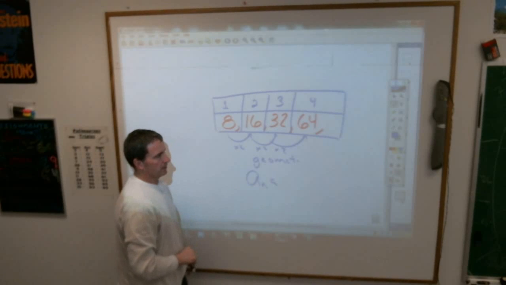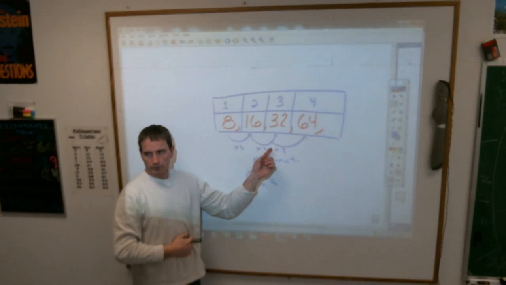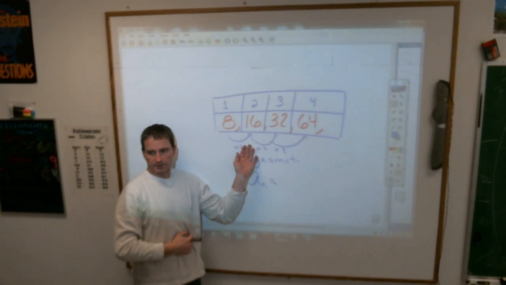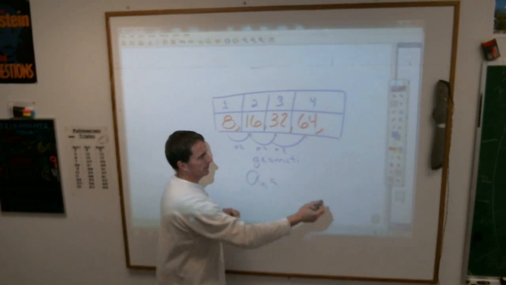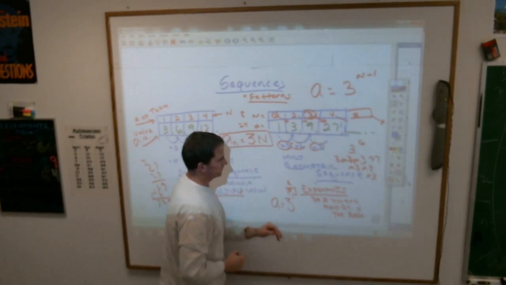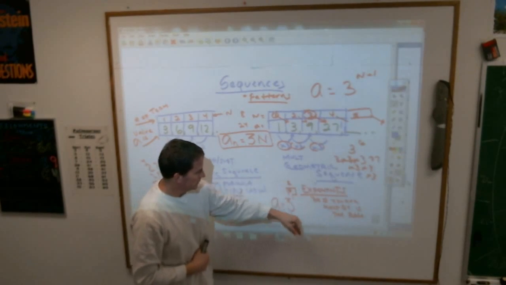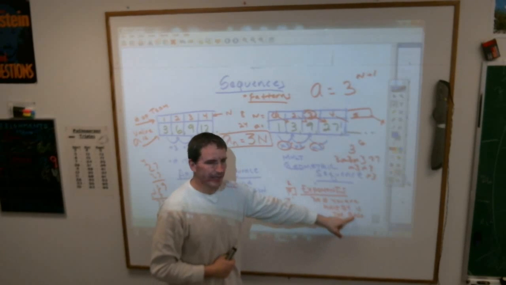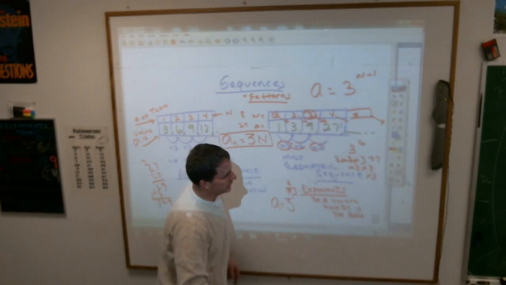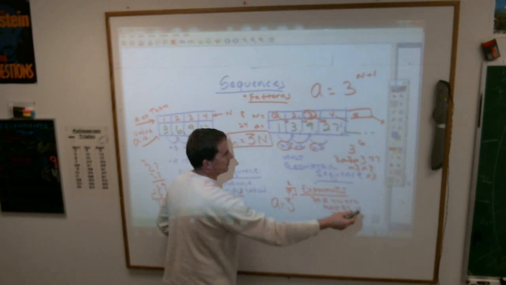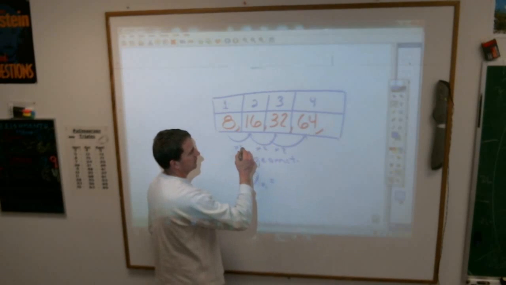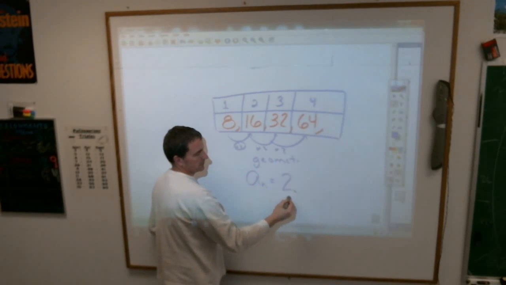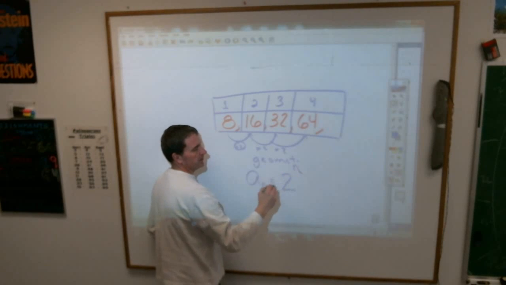What do I know about this number 2? Just like in the last one, the number 3 was what? What's it say here? The number you are multiplying by is the base. So I go back here. I know my base number has to be 2. And I know my n goes up here.